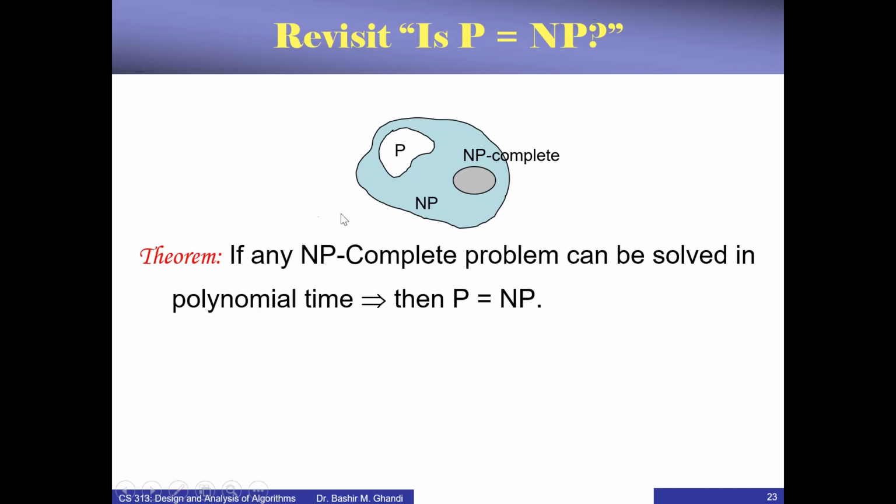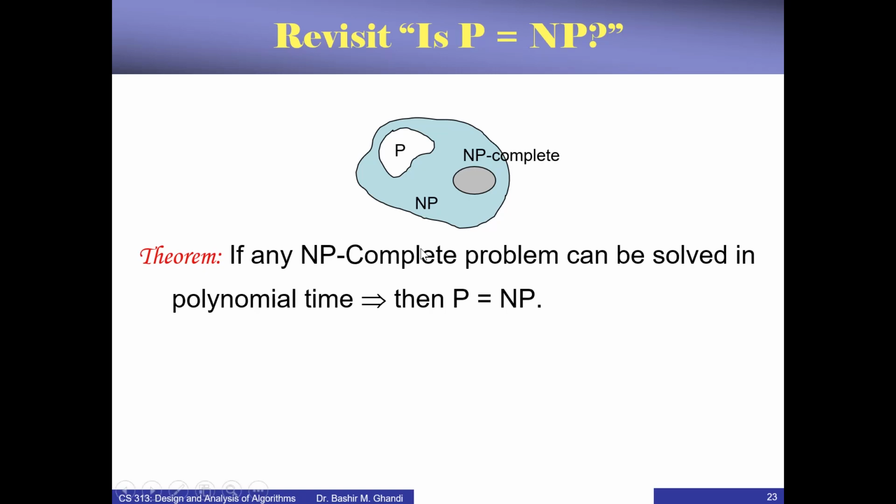Therefore combining the two, it will mean that P is equal to NP. This problem has been there for many years. So far, nobody has been able to prove even one NP-complete problem to have a polynomial algorithm for solving it.